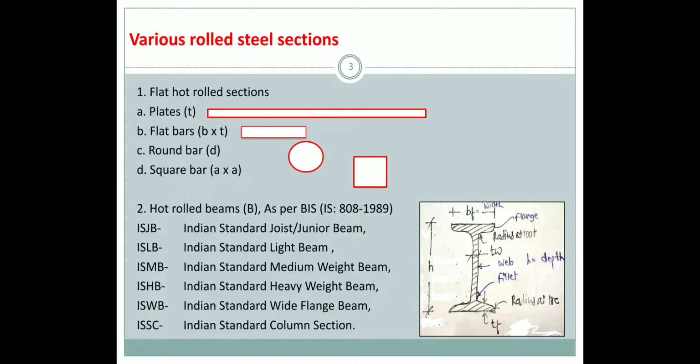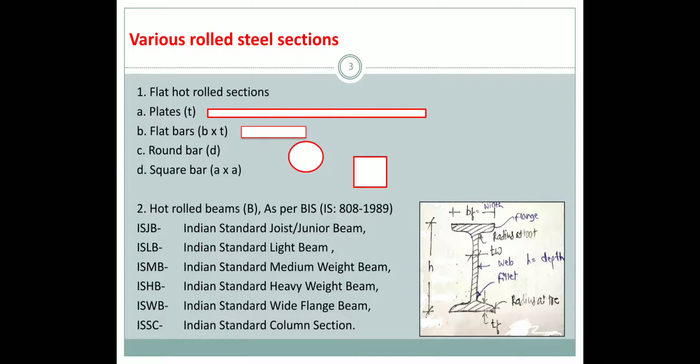Next, there are different rolled steel sections. Dealing with the first point, flat hot rolled sections, which may consist of plate.